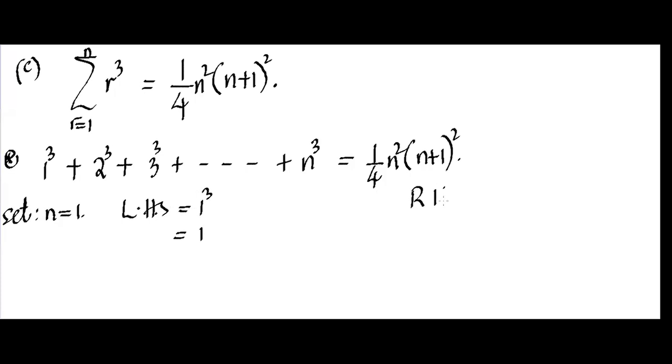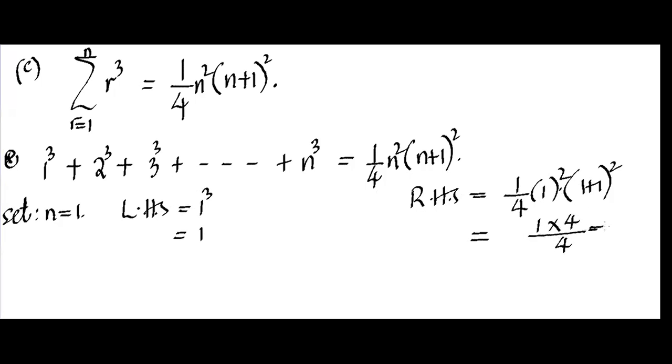On the right-hand side, you're capturing a quarter into 1 squared into 1 plus 1 all squared, and that will be 1 times 2 squared, which is 4 over 4, still giving us a 1, and we say proof holds.